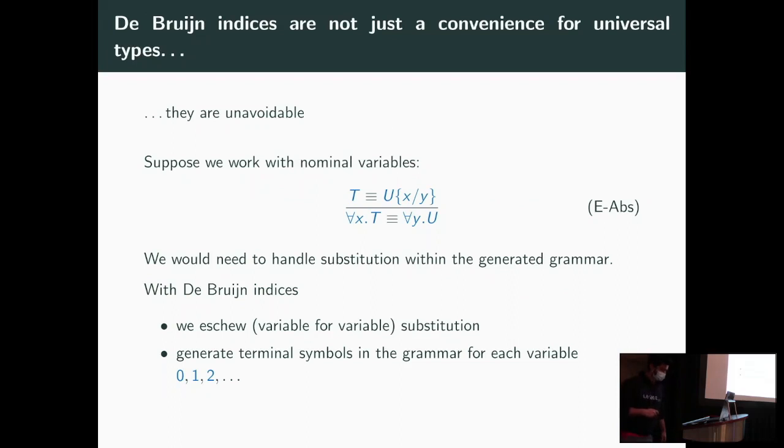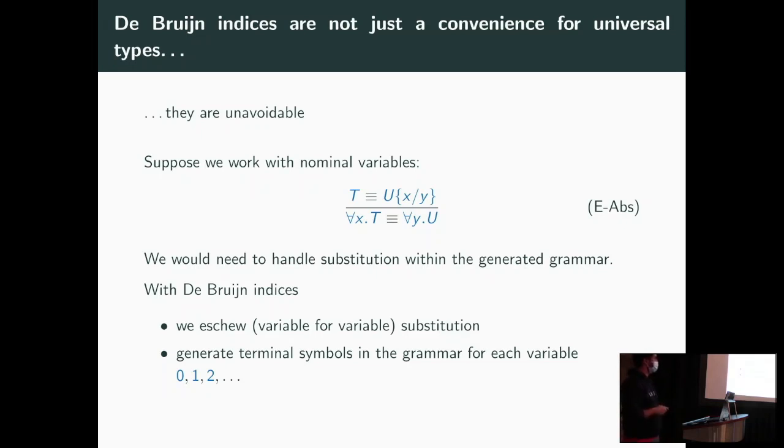As I mentioned in the beginning, we have De Bruijn indexes for universal types. And in fact, they are not just a convenience. They are actually unavoidable. Let's say that we are comparing these two types.